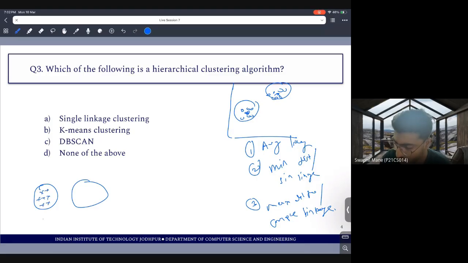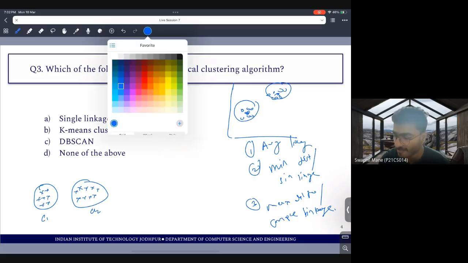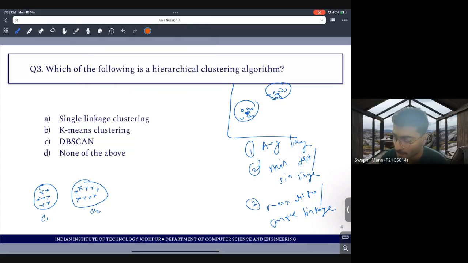These are the cluster 1 points and cluster 2 points. Here, average distance means we take the center of each cluster and then find the distance between these two points. We take the centroid of cluster one and cluster two, where the centroid is the average of that particular cluster. This is the first methodology.